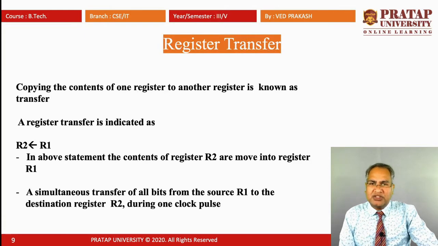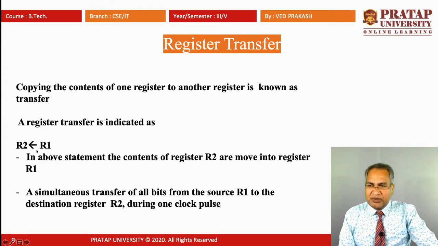So what is the register transfer? Copying the content of one register to another register is known as a register transfer. A register transfer is indicated by a statement like the one mentioned here, where R1 denotes the register R1.